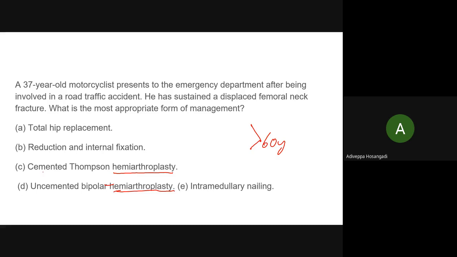So it can be cemented or uncemented depending upon the bone quality. What we are interested in is, if more than 60 years, you want to make the patient up and about so that as early as possible the patient can be mobilized to prevent hypostatic pneumonia and bed sores, you can do replacement. But in a young patient, it has to be fixed.